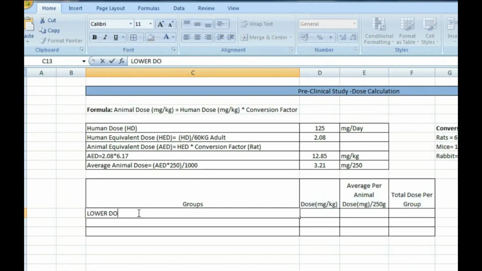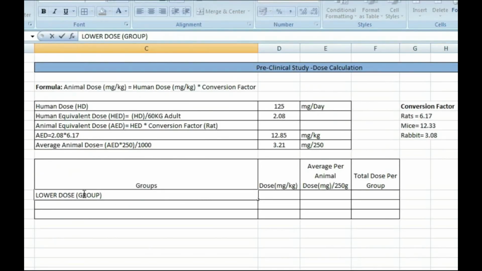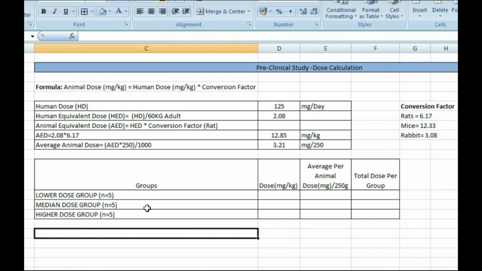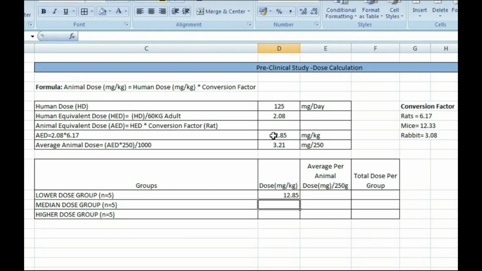Here we have lower dose in n number of animals, means 5 animals per group, and likewise we are going to write median dose and higher dose. So these are the doses. Now we are going to calculate dose mg per kg for the first group, which we copy from the animal equivalent dose per kg, 12.85. For the second, suppose the median dose is 5 times more and the higher dose is 10 times more.